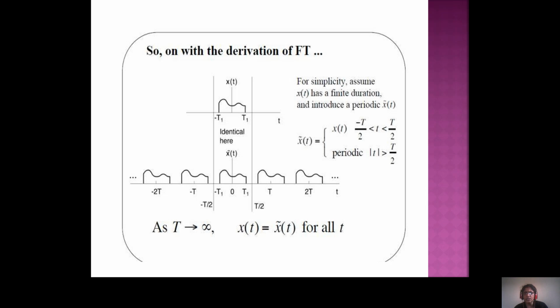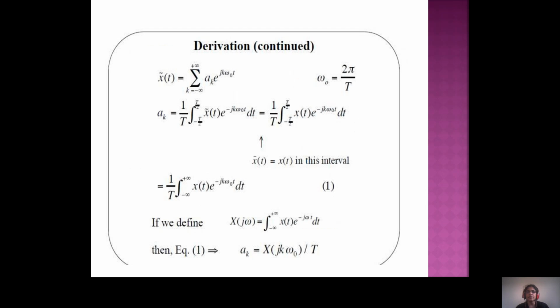As T goes to infinity, x tilde of t equals x of t for all t. So how do we derive it?